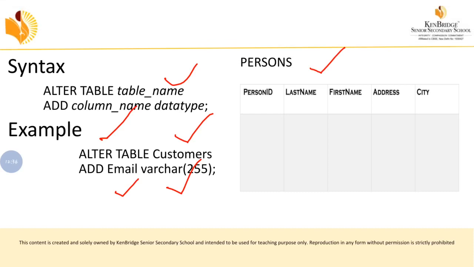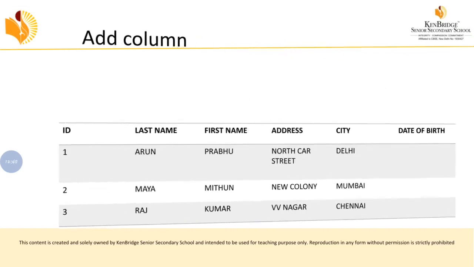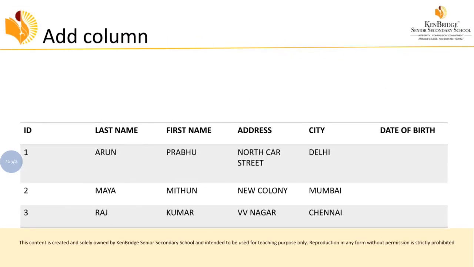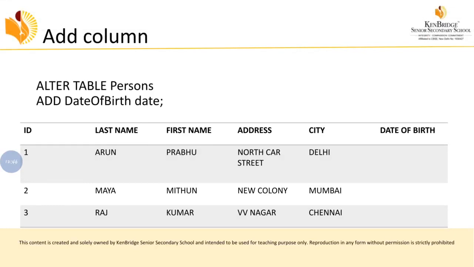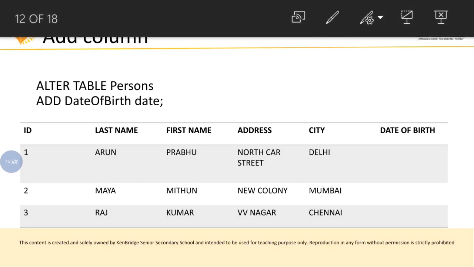This is the original table. Here we are going to perform an alteration, that is add column, by using this command: alter table person. That table only we are going to alter.